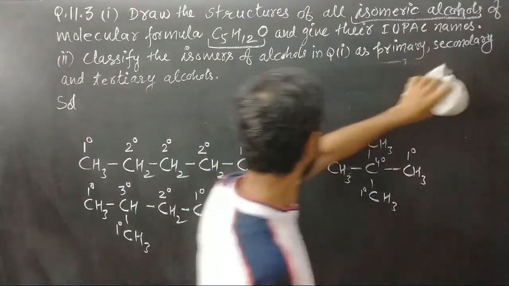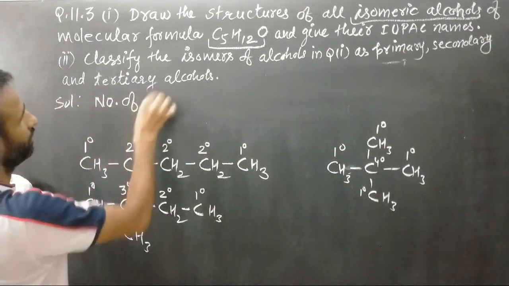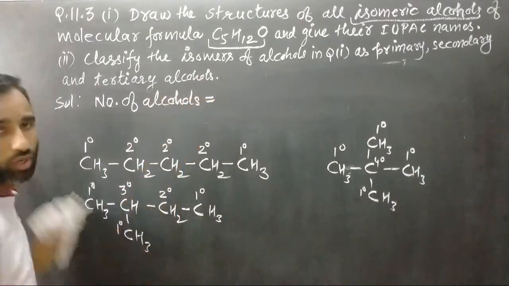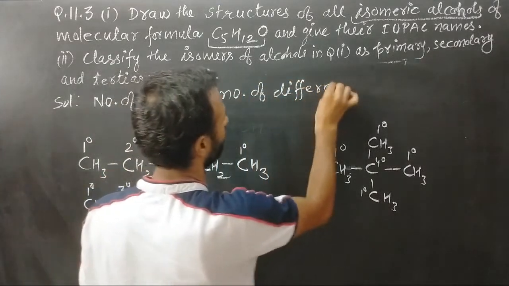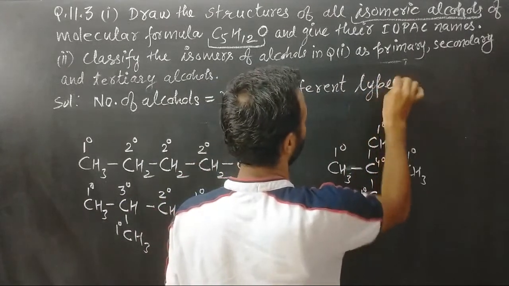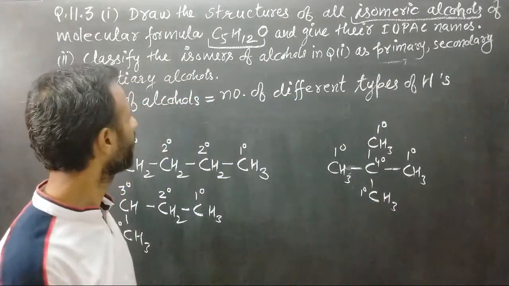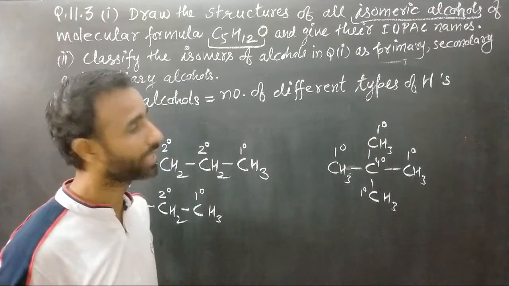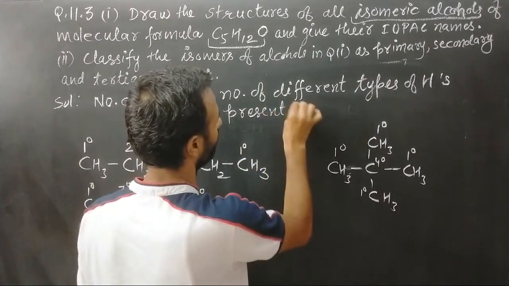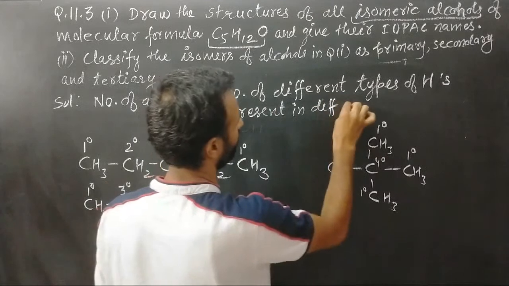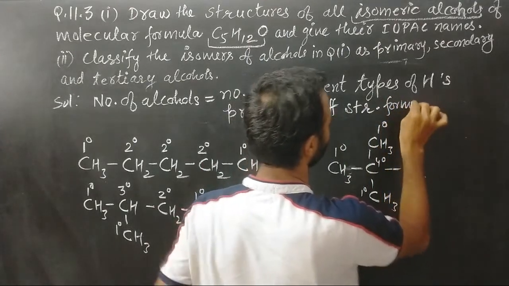That's why the number of alcohols is equal to the number of different types of hydrogens present in different structural isomers of pentane.